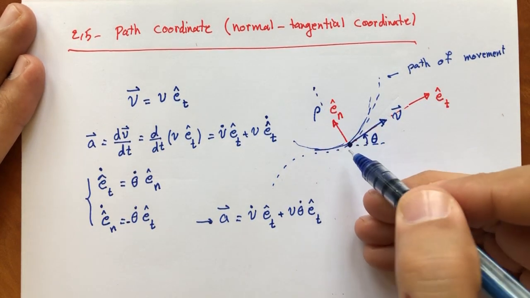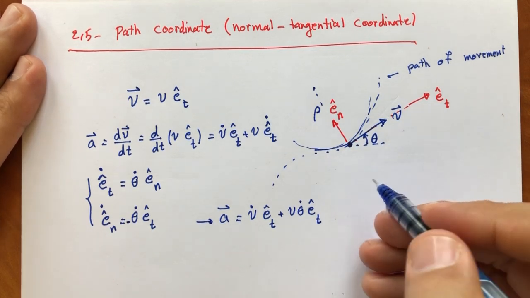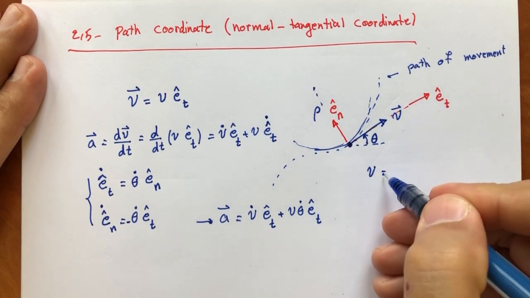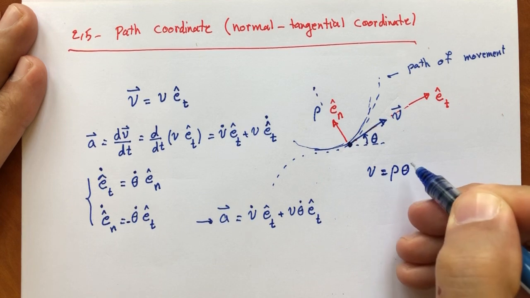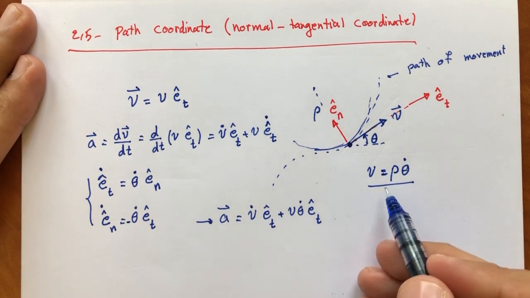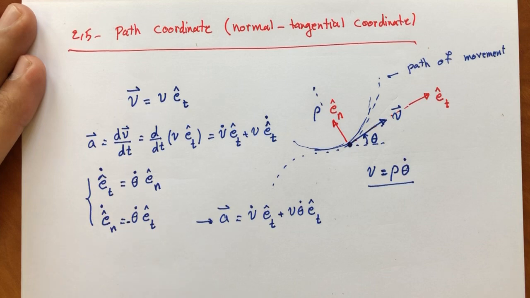If we have the radius of curvature at this point, mathematically we can show velocity or speed is equal to radius of curvature times theta dot. So this is another equation without proof. And I'm going to put it here to simplify this equation and give you the final equations.